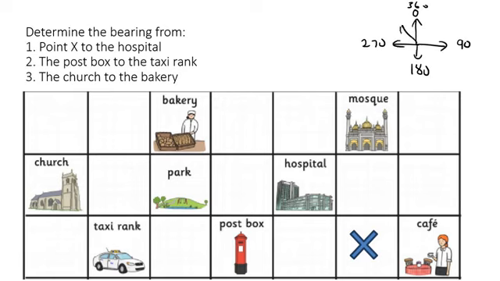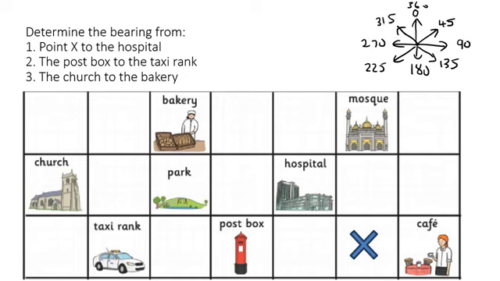Directly in between 0 and 90 is the number 45. The number in between 90 and 180 is 135. The number in between these two is 225, and the number in between these two is 315.